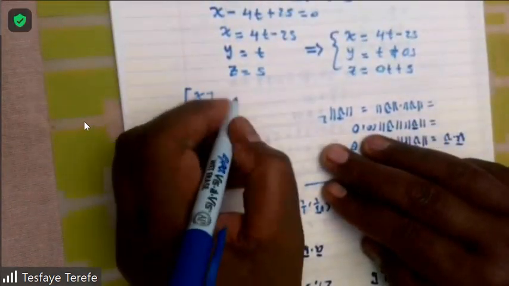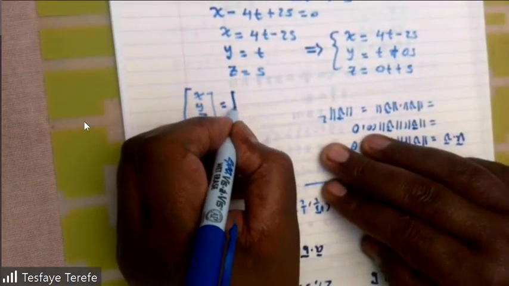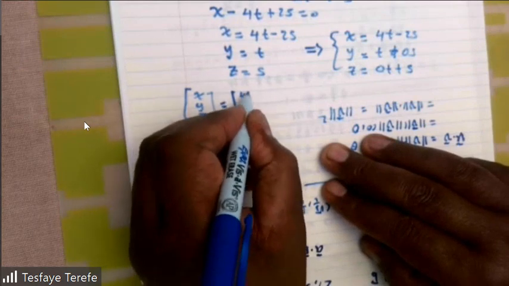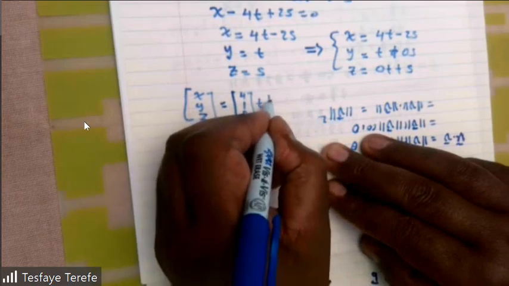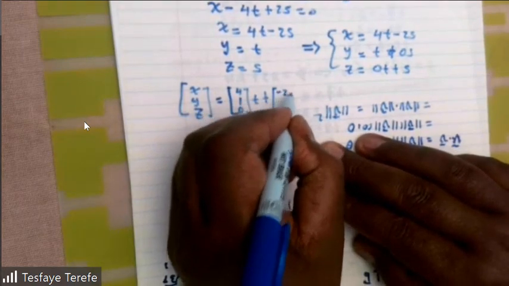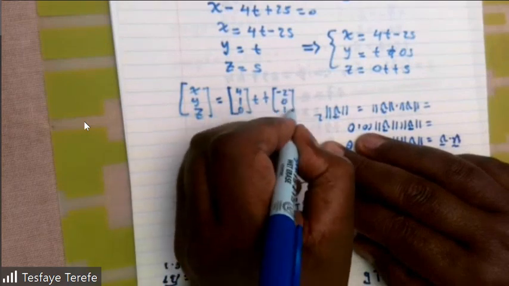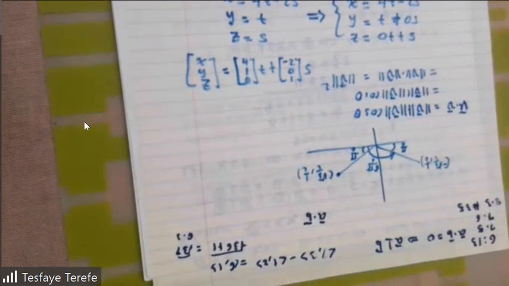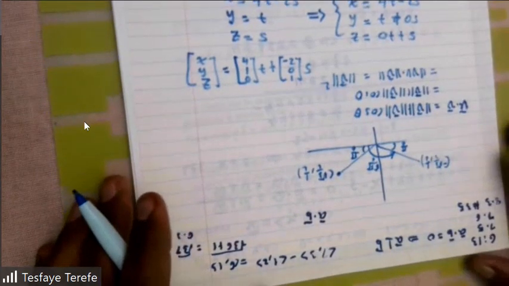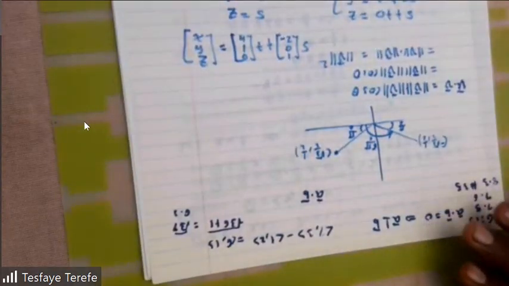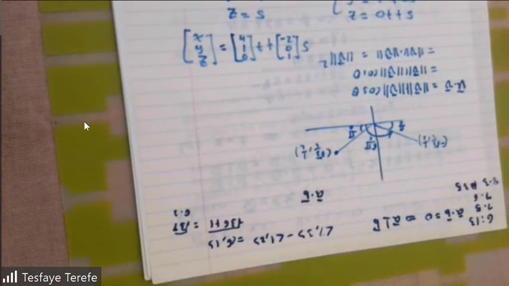Then that means the vector is (4, 1, 0) t plus (negative 2, 0, 1) s. So this will be a vector which is going to be orthogonal to this vector. And you can pick t and s in any way you want.